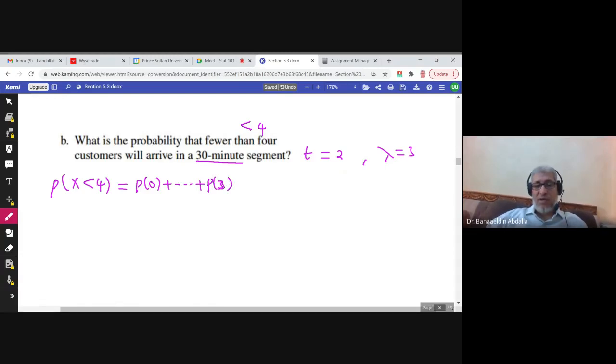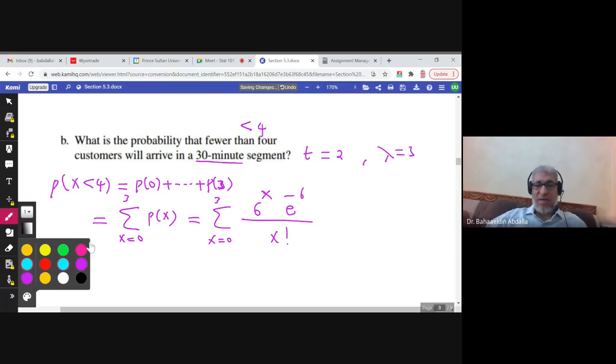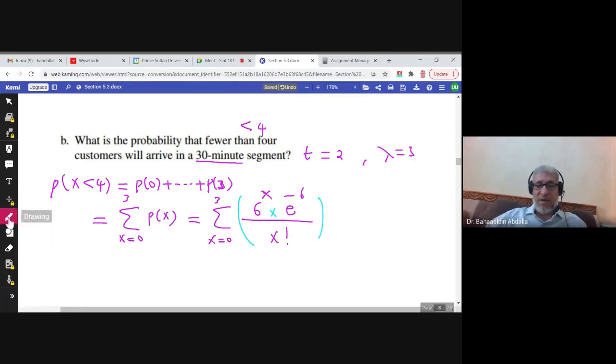You can use the summation notation, the probability of x where x runs from 0 to 3. The formula for the Poisson distribution: lambda times t, 3 times 2, is 6, so 6 to the power x times e to the power negative 6 over x factorial. Remember, in the calculator, you will have multiplication here and parentheses here, and you can find the answer using the calculator.